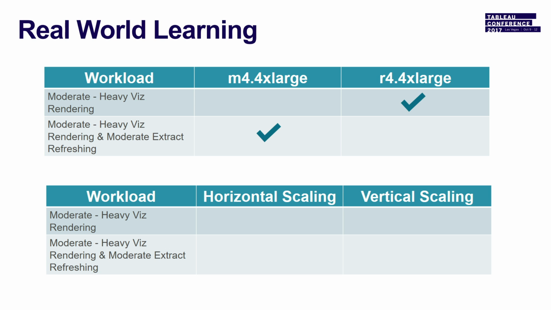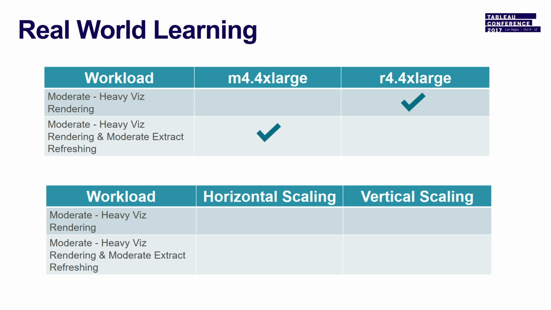Here's what we found. The R4, when you were only rendering vizzes, was better. It delivered 10 to 15, maybe a little bit more throughput in terms of rendering stuff. However, when we started doing other work, like refreshing extracts, then that general purpose machine, even with less RAM, because it had a better CPU, actually did better for us.